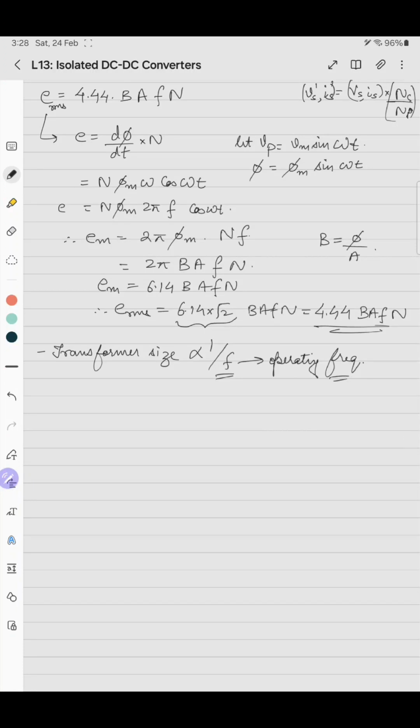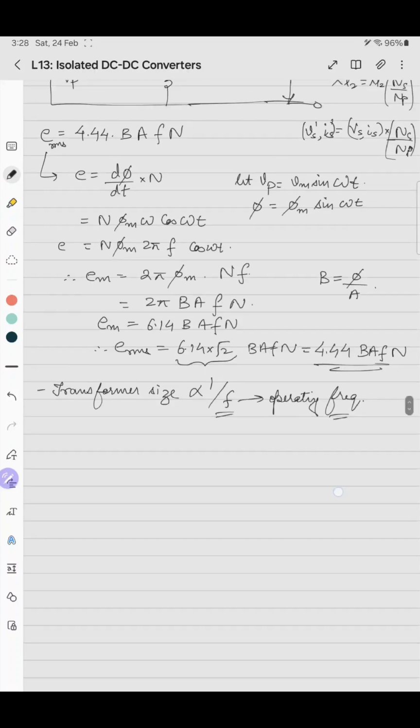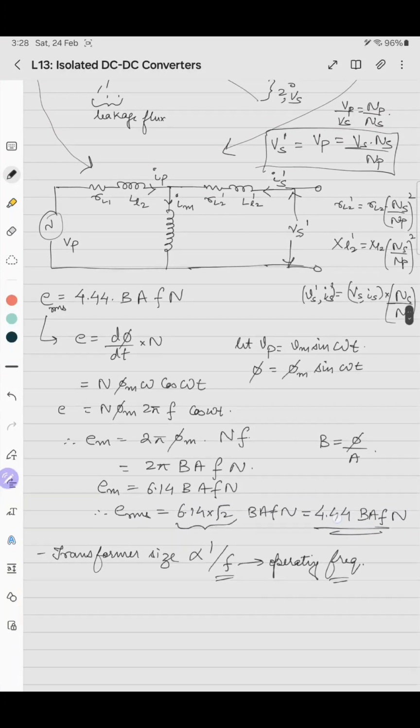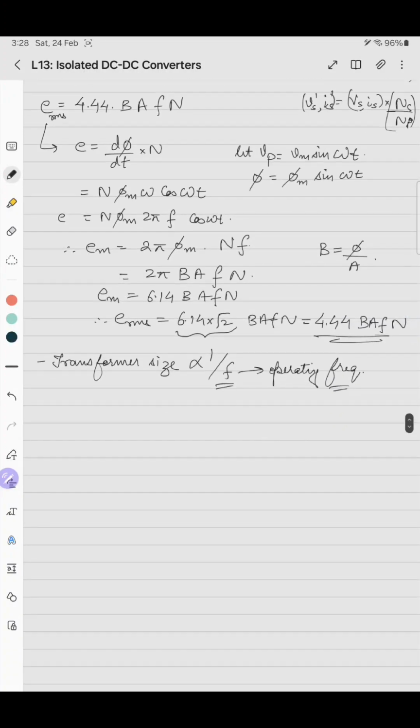First we saw how to design L and C for a given delta I and delta V naught. Then we saw the minimum load on the boost and buck boost converters, and the critical inductance. In all the expressions, L is inversely proportional to F. Similarly, because the transformer works on the inductor principle, the transformer size depends on the frequency.